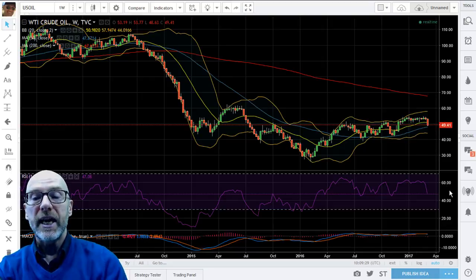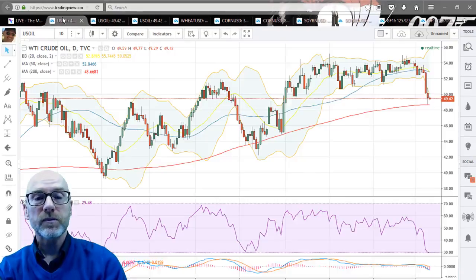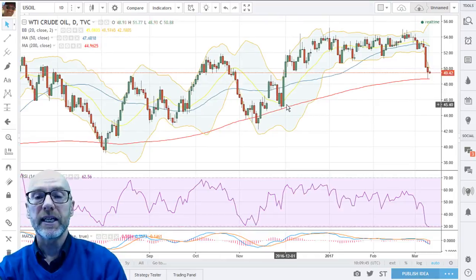The RSI here has just tracked down below the 50 at 47.06, and the MACD are just rolling. So you're starting to get slight negative signs on this longer term chart. But the key is this moving average. And let's look at it again on the daily. You can see here on the daily quite clearly it gave the support yesterday.